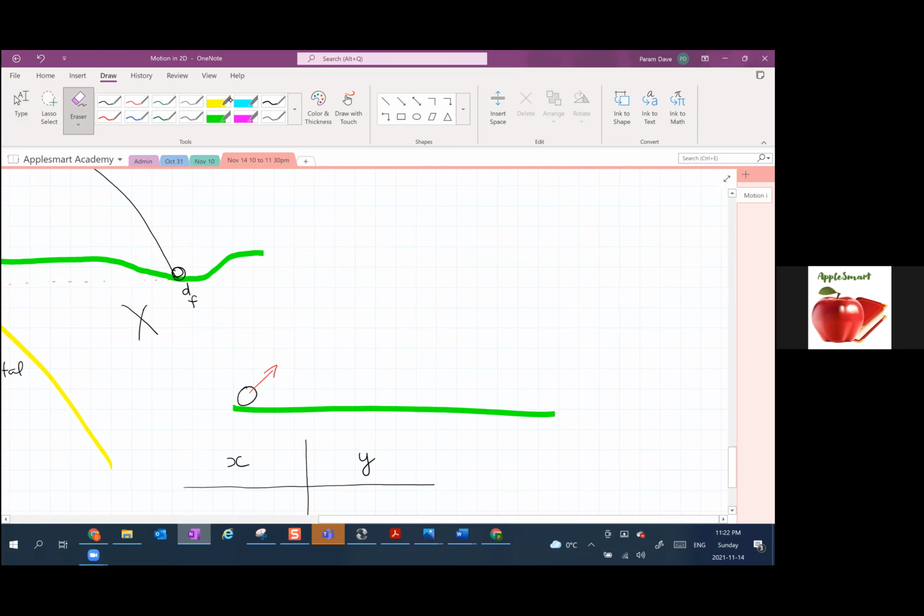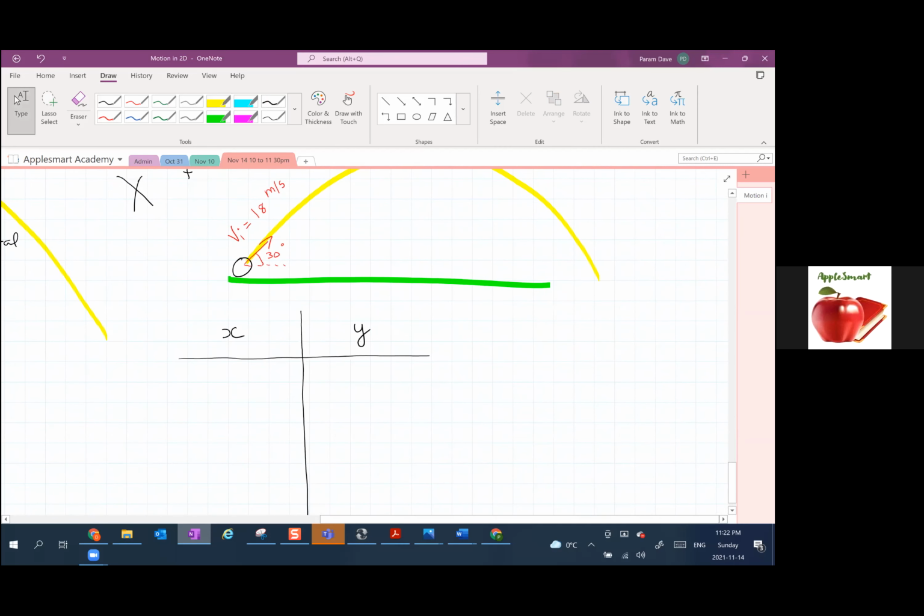I ended up actually drawing a new one anyways. Okay, so let's say you kick the ball in that direction. Let's say we knew the initial speed at which it was kicked. Let's say it was 18 meters per second. And we also know the theta was, let's say, 30 degrees, the angle that it made with the horizontal. Okay.